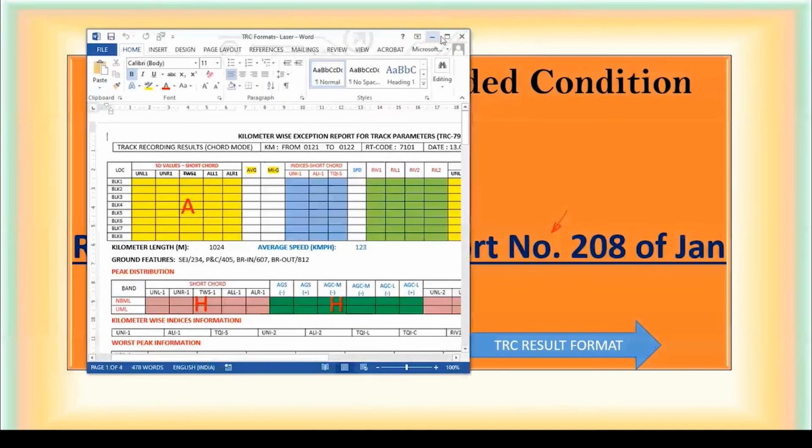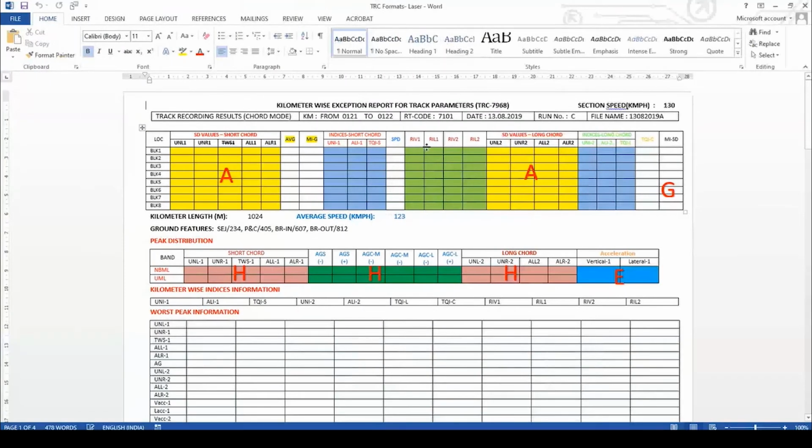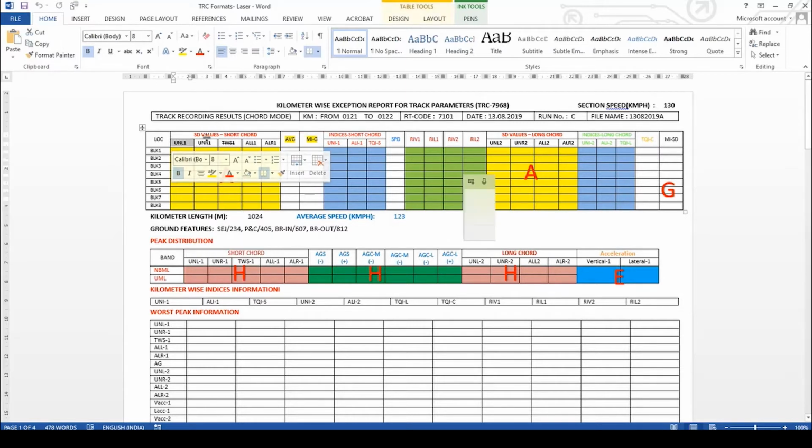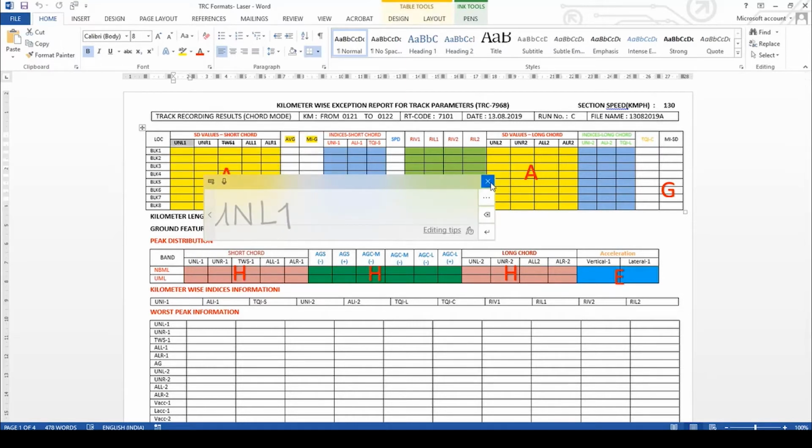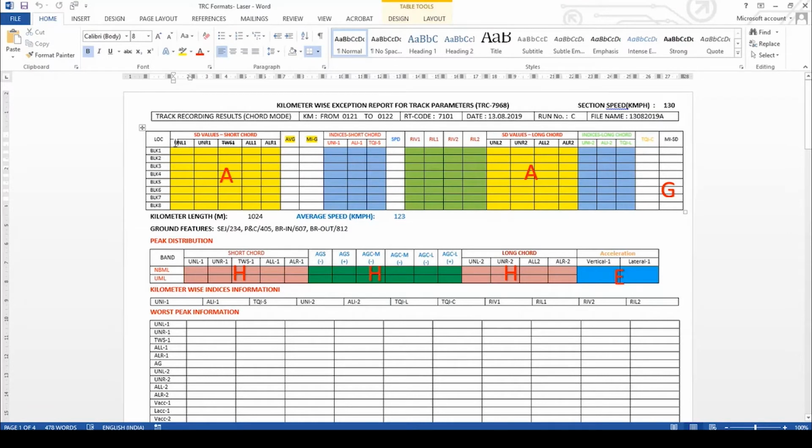This you can see. When we measure our track parameters, this is the format in which we measure it. We measure SD value for unevenness left, unevenness right, then alignment left, right, on short chord, then on long chord similar values we measure.